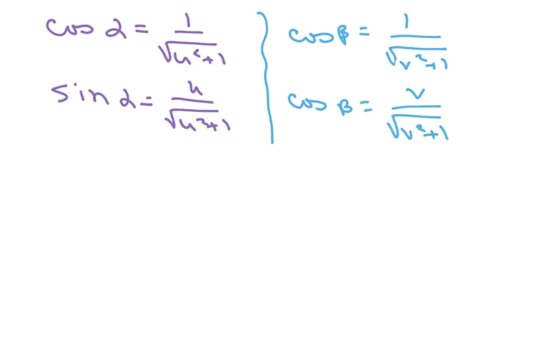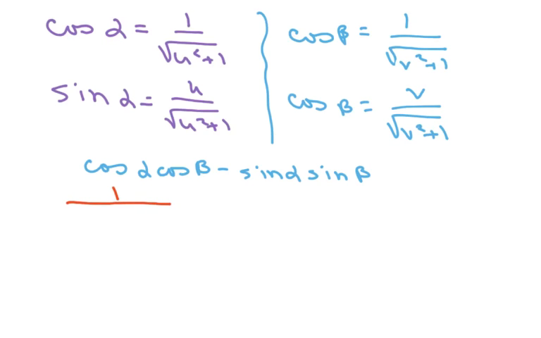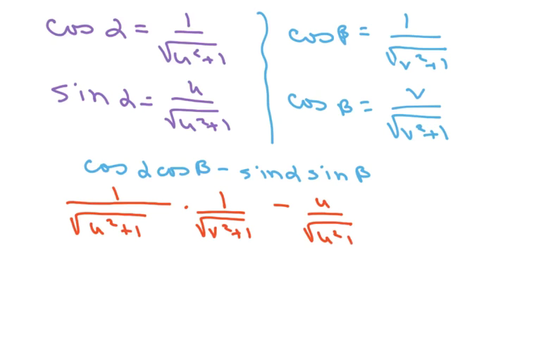They were both tan. And putting it all together with our formula of cosine of alpha, cosine of beta, minus sine of alpha, sine of beta, I'm just going to substitute. So cosine of alpha is 1 over square root of u squared plus 1, and cosine of beta is 1 over square root of v squared plus 1, minus u over square root of u squared plus 1 times v over square root of v squared plus 1.